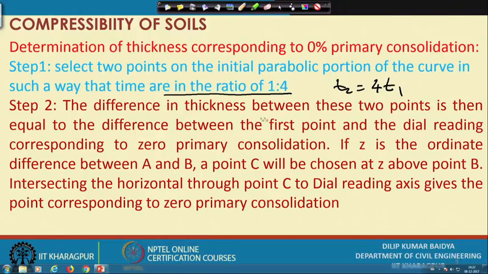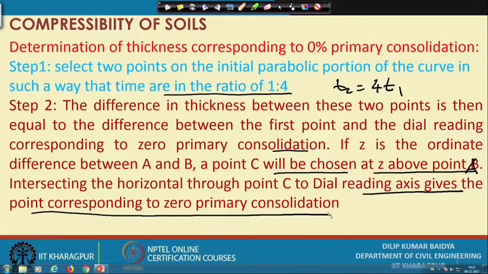The difference in thickness between these 2 points is then equal to the difference between the first point and the dial reading corresponding to 0 primary consolidation. If Z is the ordinate difference between A and B, a point C will be chosen at Z above point B, or point A as per the figure. The horizontal through point C intersecting the dial reading axis gives the point corresponding to 0 primary consolidation.